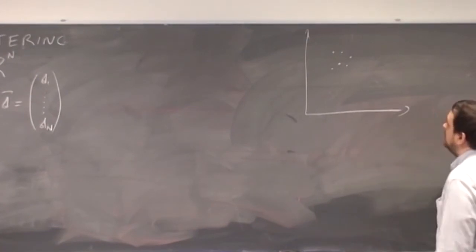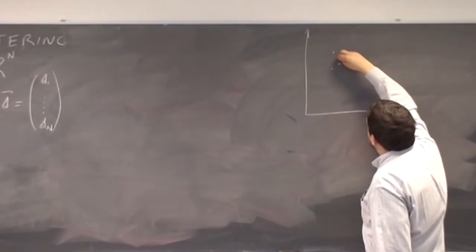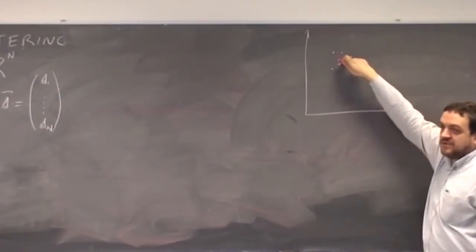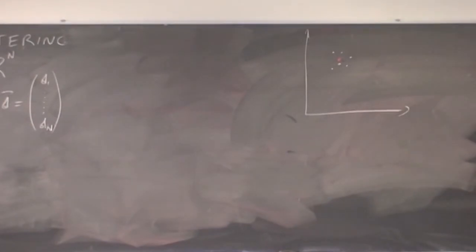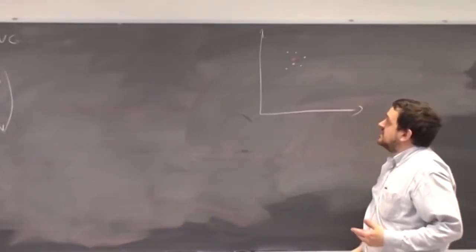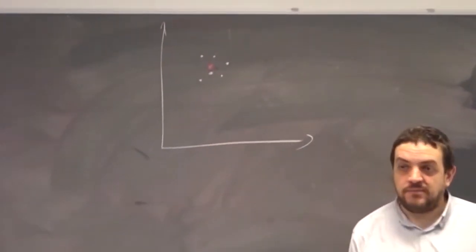For example, if I have this set of elements, I may choose to represent them with a single element that is more or less in the middle of them, saying that this is reasonably similar to each of these elements.